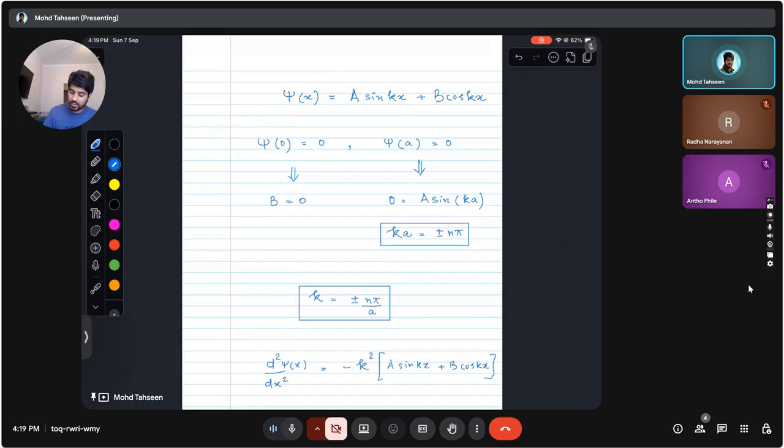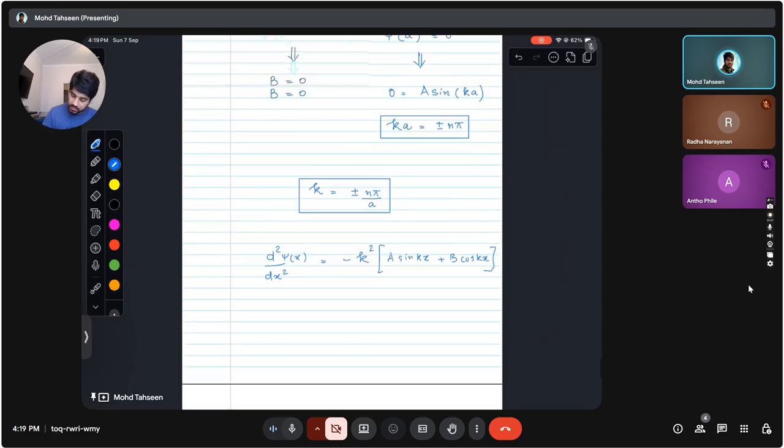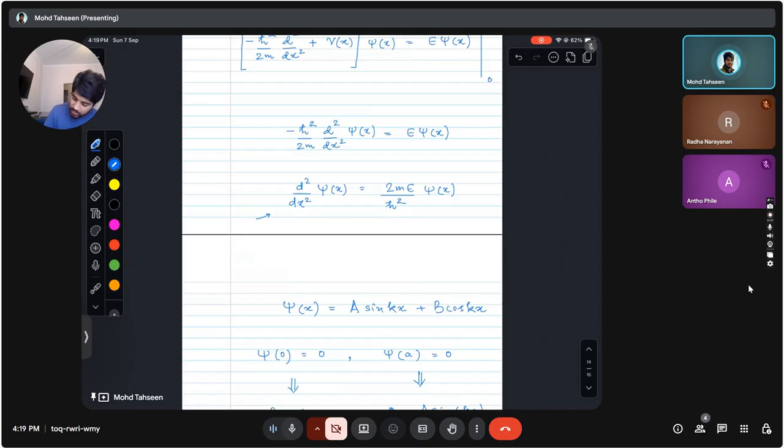This can be easily verified. So there was a minus here as well, right? From this expression we transpose this to here.